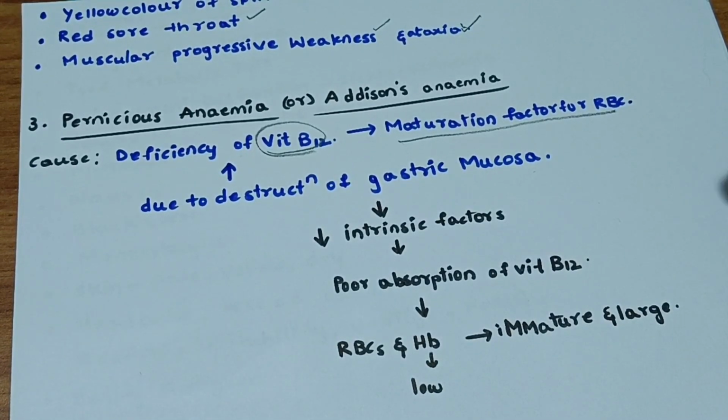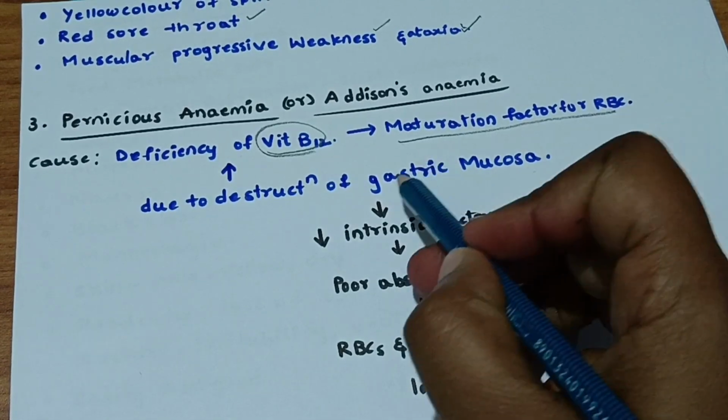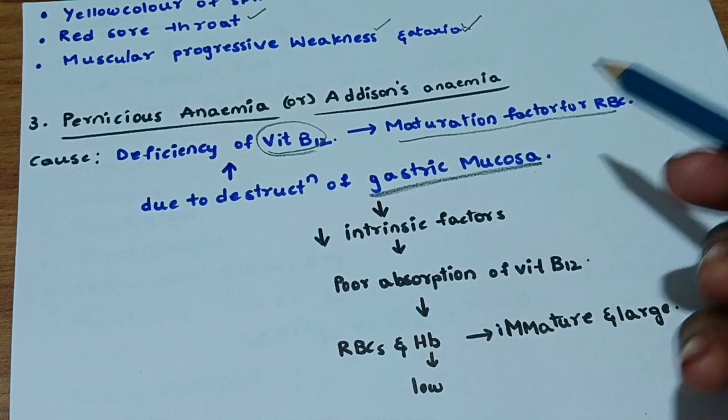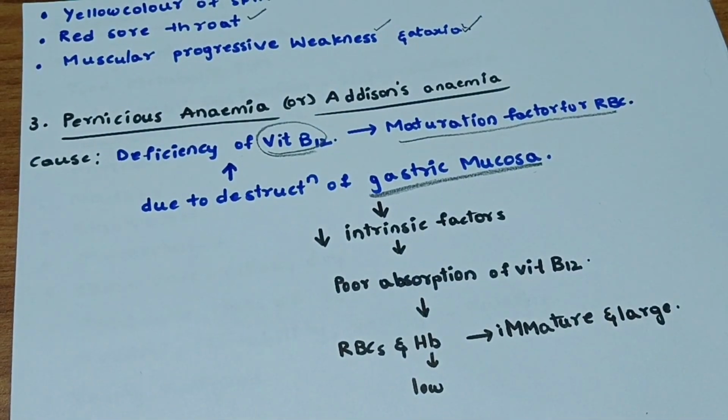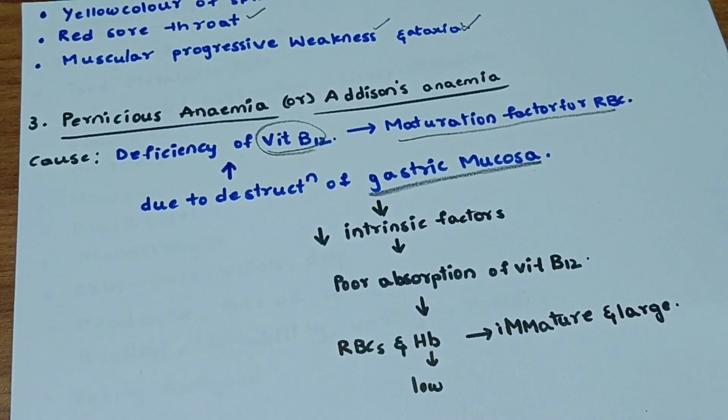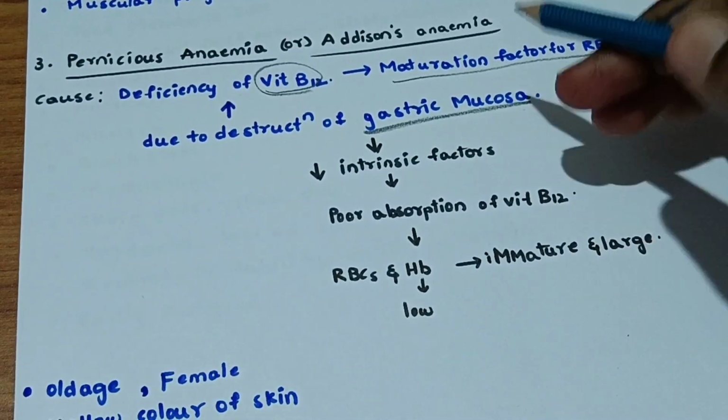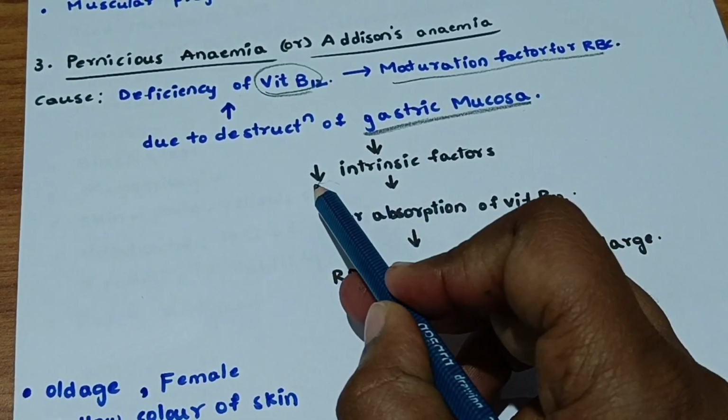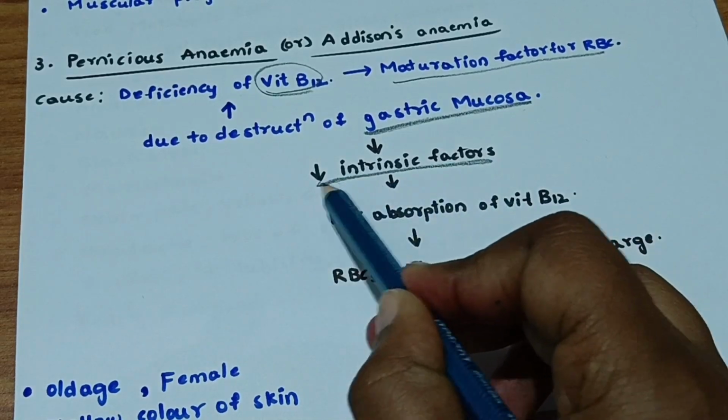When there is destruction in the gastric mucosa, the GIT tract being lined by mucosa, there will be deficiency of vitamin B12. If there is destruction, there will be a decrease in the intrinsic factor.